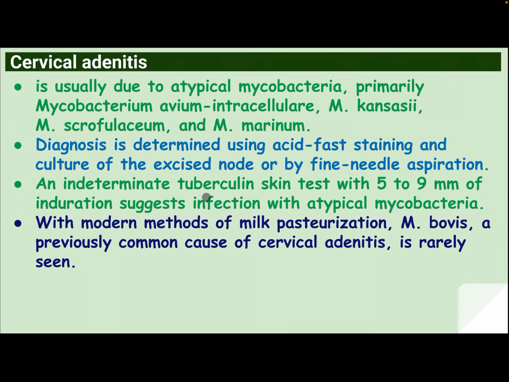An intermediate tuberculin skin test with 5 to 9 mm of induration suggests infection with atypical mycobacteria. With the modern method of milk pasteurization, Mycobacterium bovis, a previously common cause of cervical adenitis, is rarely seen.